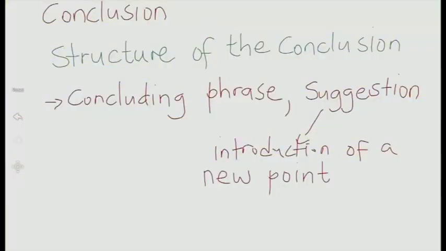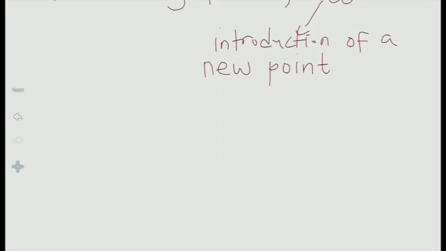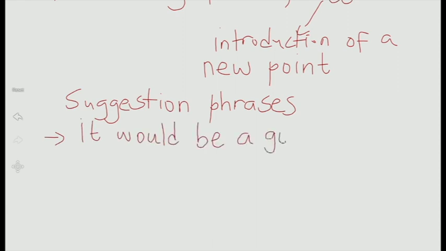And in making that point, you can use what are called suggestion phrases. So you put on a suggestion phrase there. For example, it would be a good idea if, then you are politely putting it in, because you are not necessarily giving an instruction that this is what should be done, but you are giving what? A suggestion.